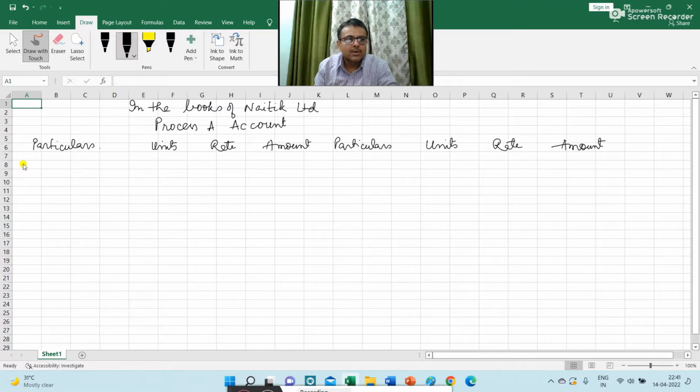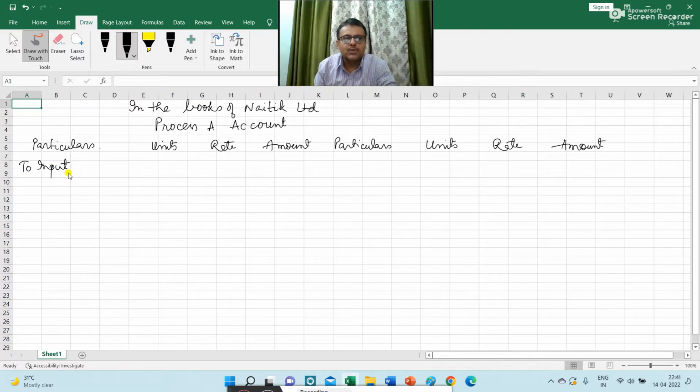So on the debit side I am writing to input. This input may be the material, or it can be a cost that is taken from any other process.